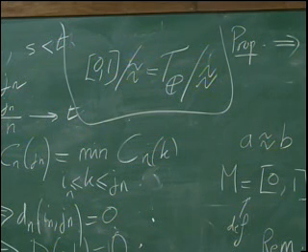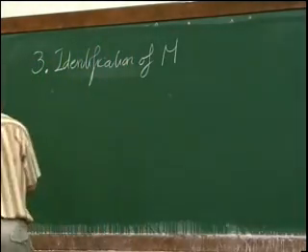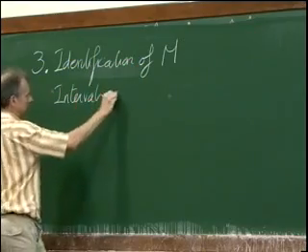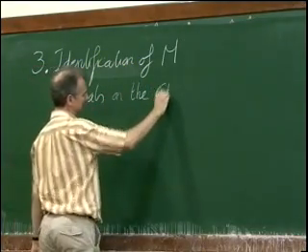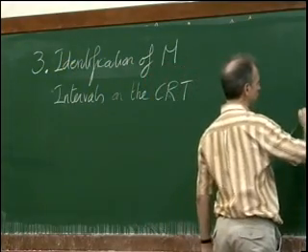Third part, identification. Here, I will need a definition. I will need to define intervals on the CRT. Remember the second lecture, we introduced the notion of a real tree.